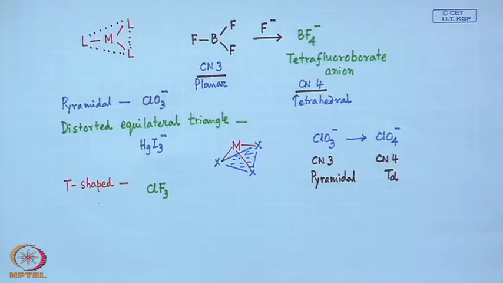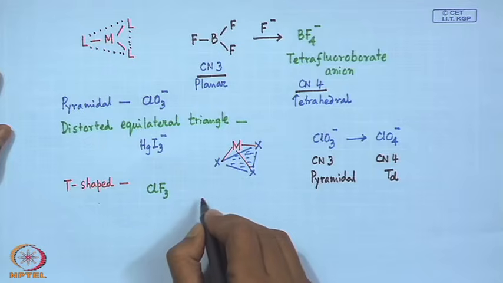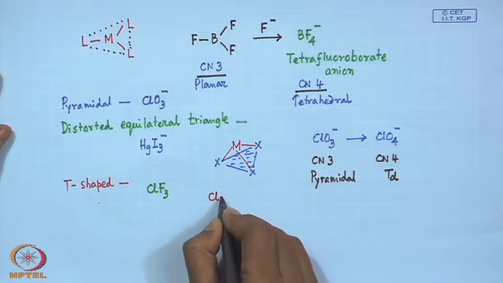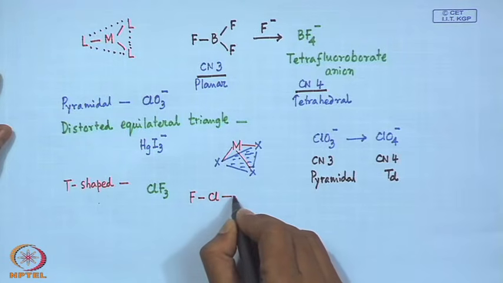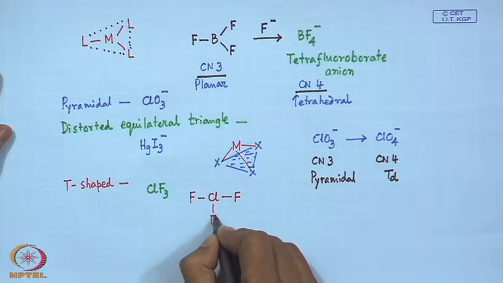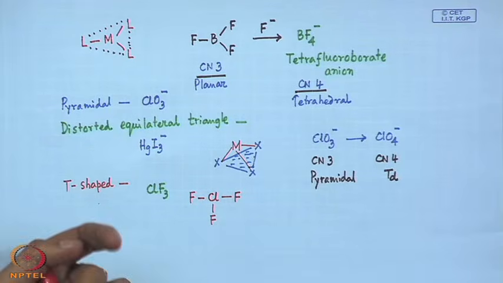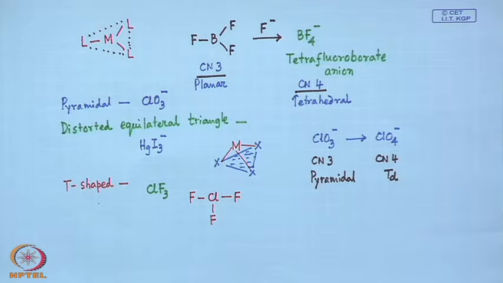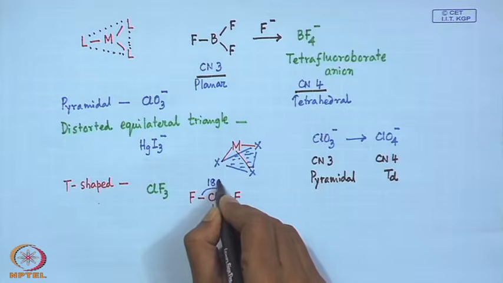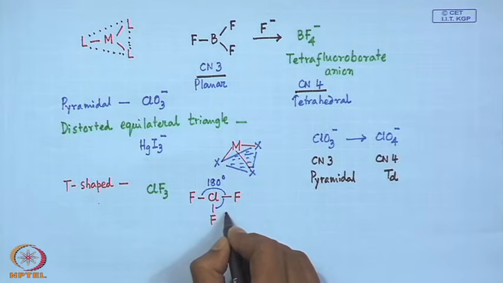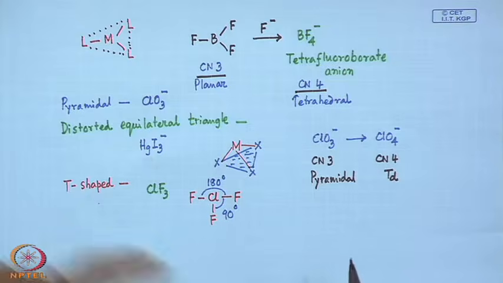This ClF3 gives us some immediate idea that some metal complexes can also have this type of geometry. So, this geometry is not very uncommon, with an angle of 180 degrees on one side and another angle of 90 degrees on the other side.